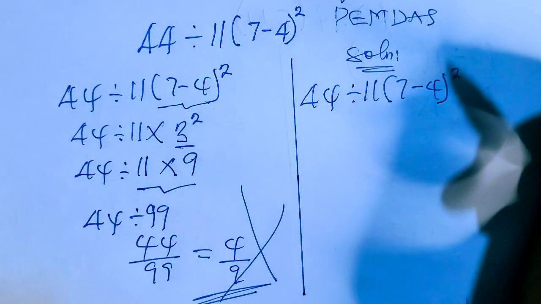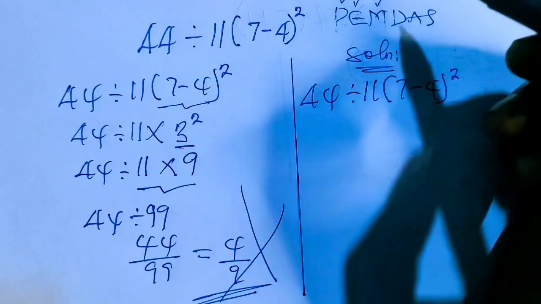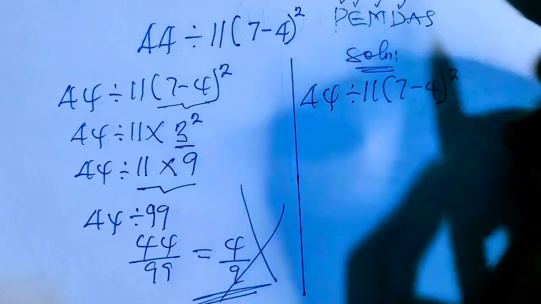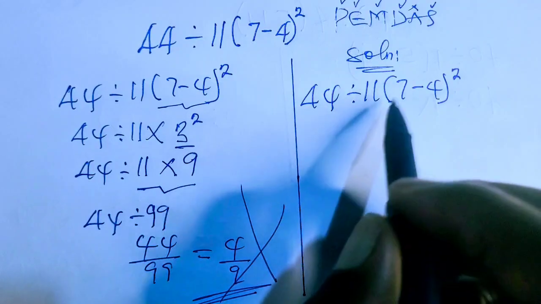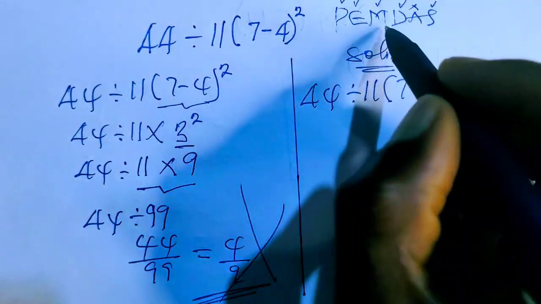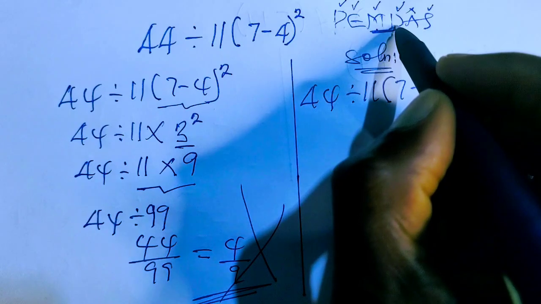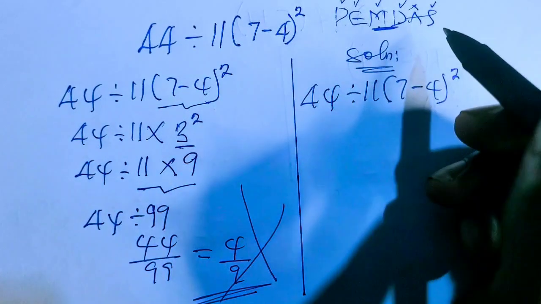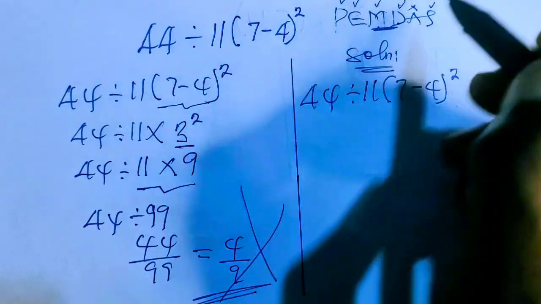We also have exponents next. We also have multiplication and division, with no addition or subtraction. Now, note that multiplication and division have the same precedence, and the operation here is from left to right.